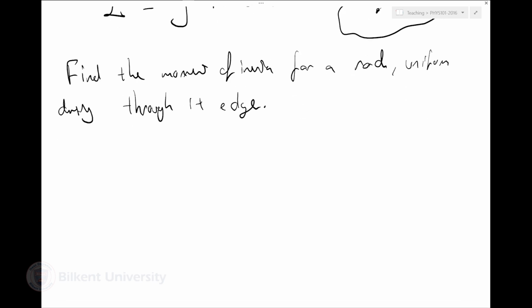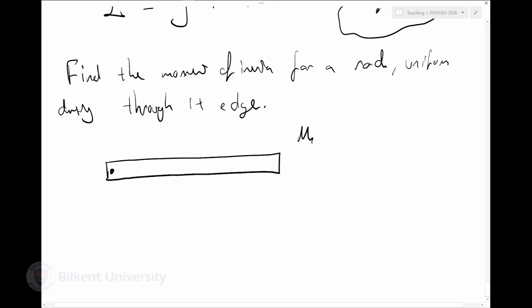So what I would like to find out is, if I have a rod which has a total mass m and length L, and it's uniform, and I rotate it with frequency omega, what will be the kinetic energy? It will be 1/2 I times omega squared. So I would like to find out what I is. Now, how do I do that?